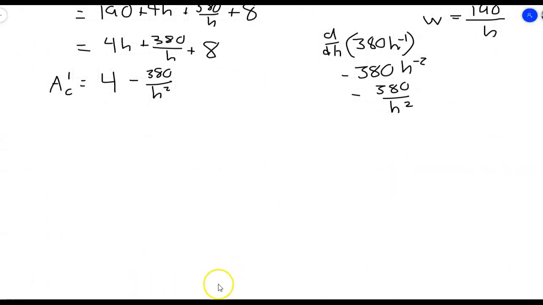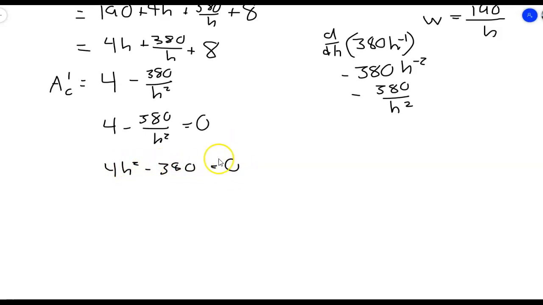All right. So let me give myself a little bit more room. So what we're going to do is we're going to set this equal to 0 then. So 4 minus 380 over h squared is equal to 0. Multiply everything by h squared. I'm going to get 4h squared minus 380 is still equal to 0.